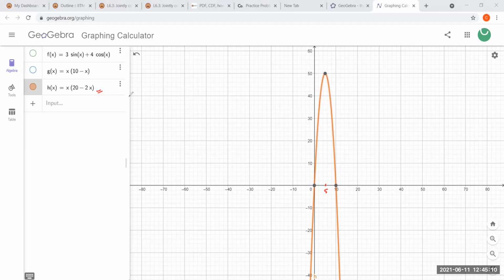So the area will be maximum when you choose x equals 5. x equals 5 is nothing but 20 by 4, which is the answer we had, L by 4. And y was 20 minus 2 into 5, so we have 10. It is exactly L by 2, 20 by 2, 10.